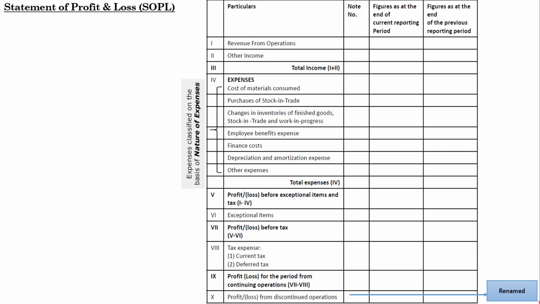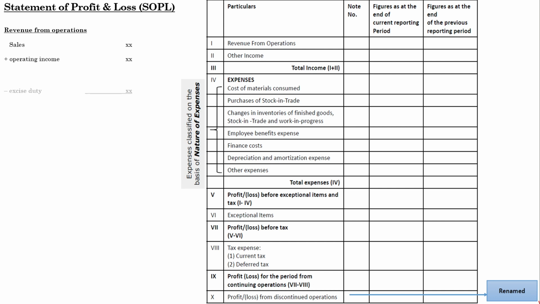First one, revenue from operations. Revenue from operations means the main business activity that is conducted. The company may conduct any sale of goods or services, or provide consultancy services, whatever it is. Revenue from operations mainly means sale of goods and services, or we can simply say it consists of sale of products or sale of services and other operating revenues.